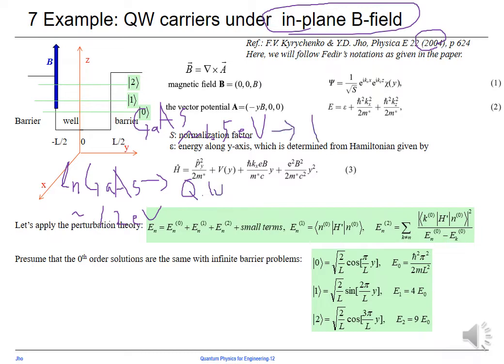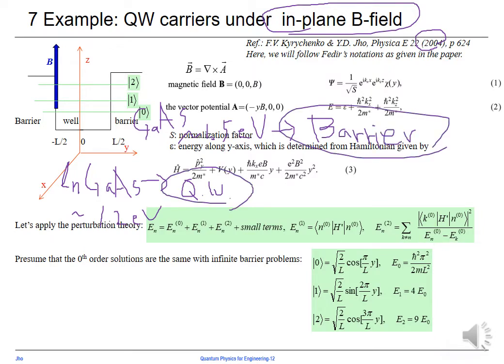This works as barrier. This is the basic idea of many of the semiconductor technology, quantum well and barrier. So we accumulate carriers within quantum well. Let's say quantum well size is L.